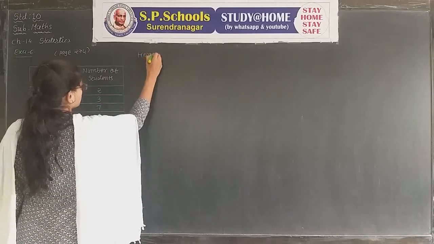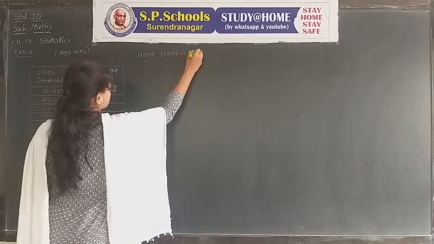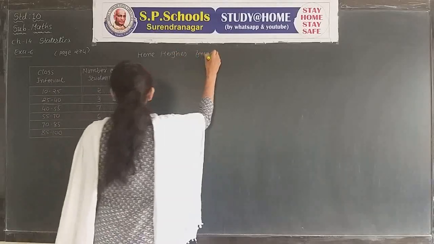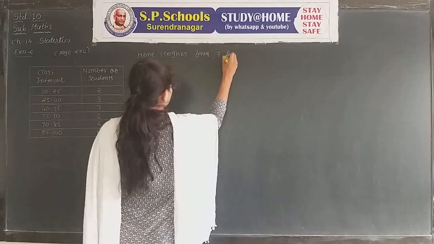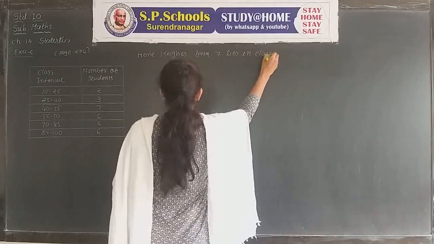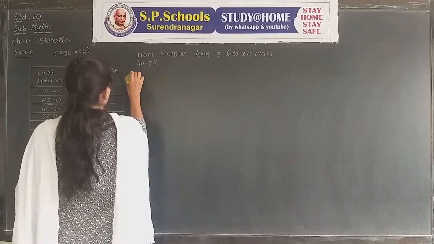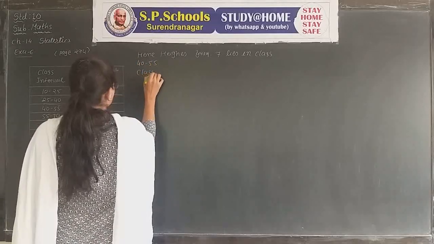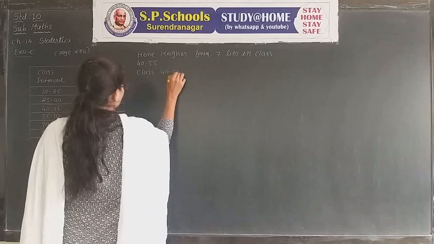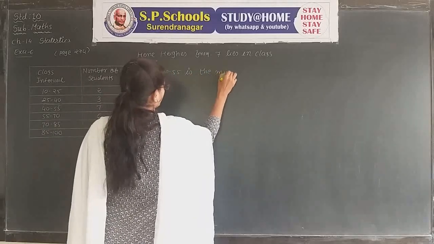Here the highest frequency 7 lies in class 40-55. Therefore, class 40-55 is the modal class.